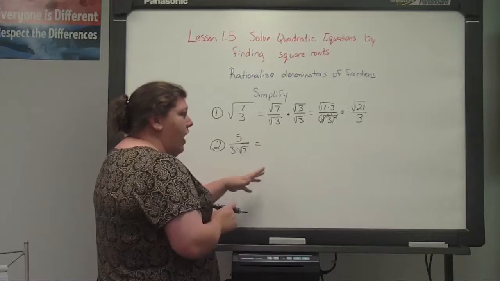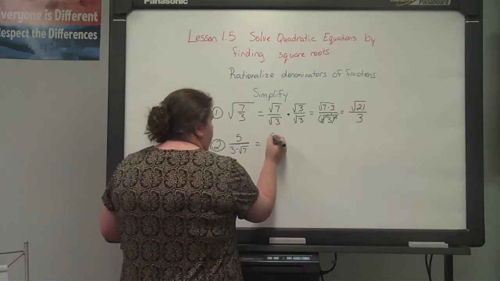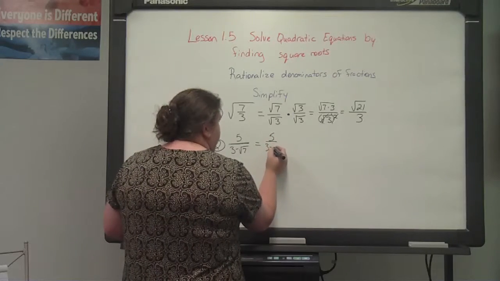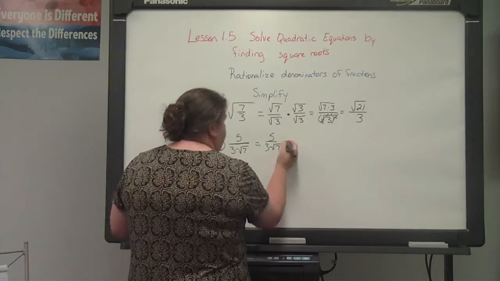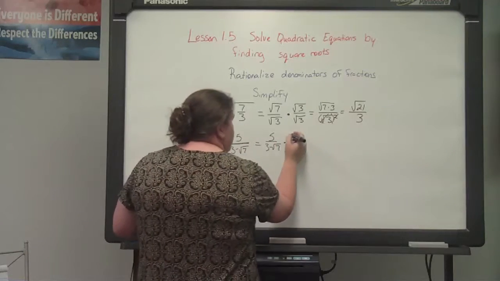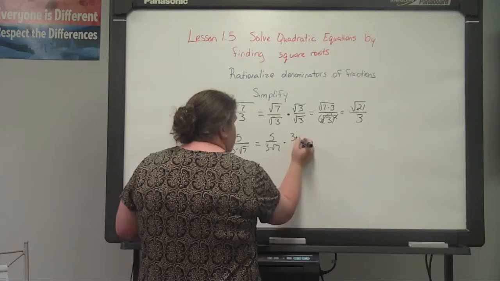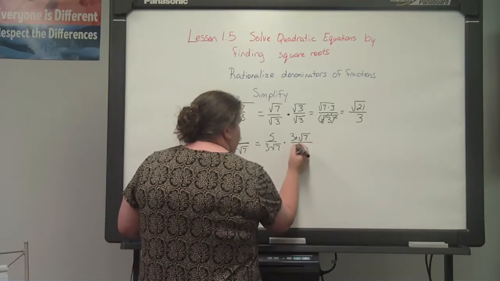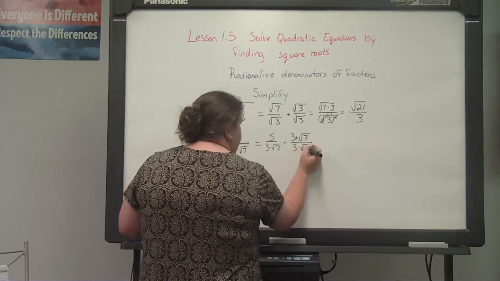So we can rewrite and say 5 over 3 minus square root 7 times, you have to multiply top and bottom by the conjugate, which is 3 plus square root of 7 over 3 plus square root of 7.